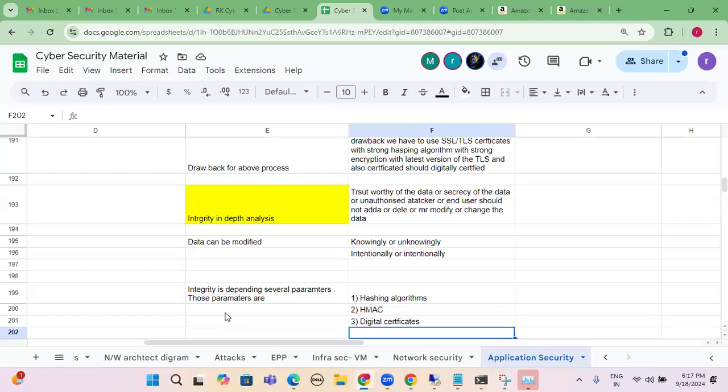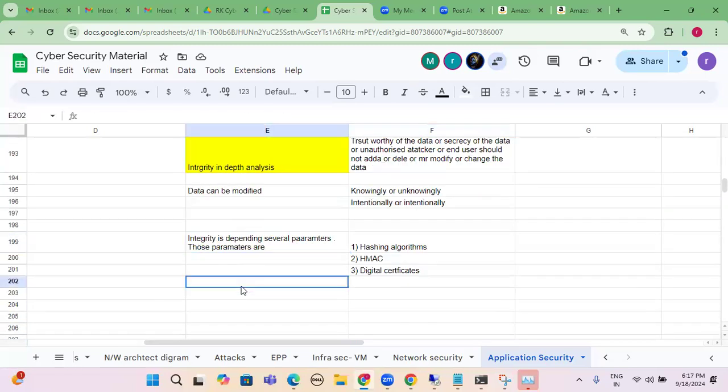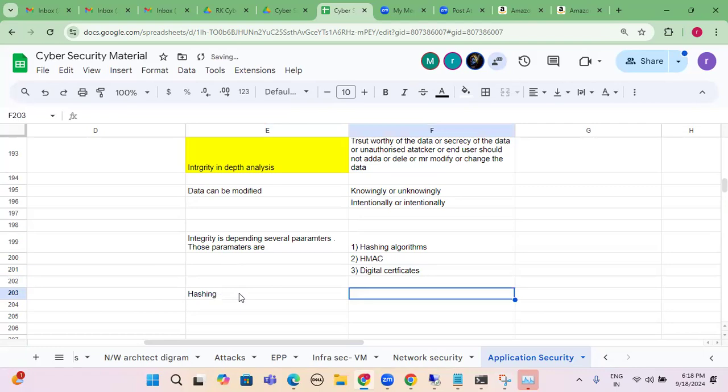So first, hashing algorithm. Before going to hashing algorithm, what is hashing? As per the file-oriented concept, it is the digital representation of the file. That's correct.